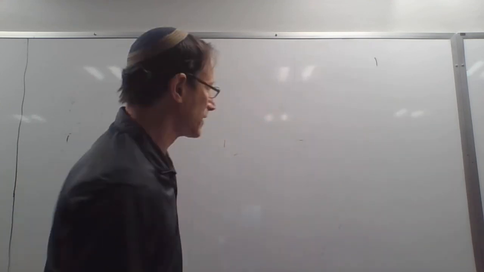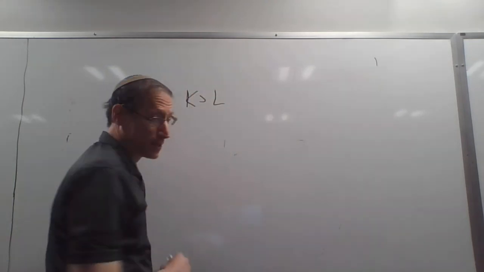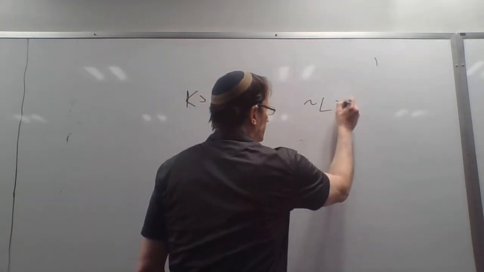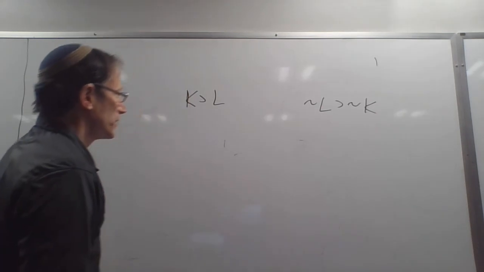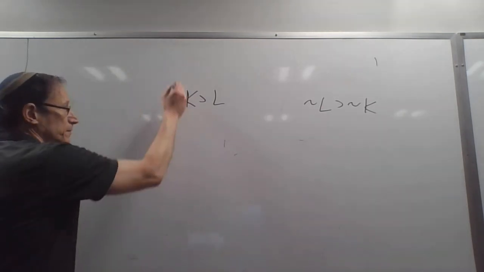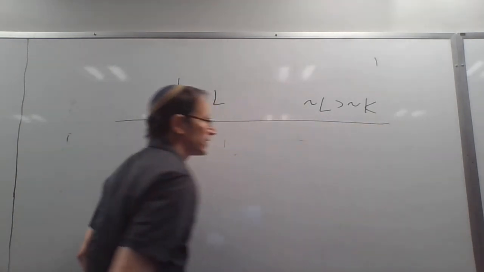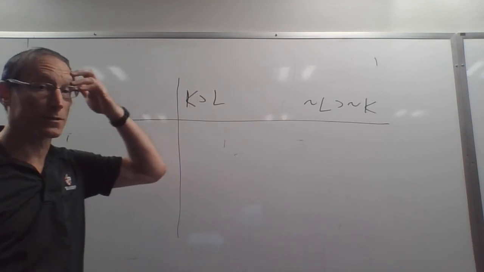Let's say you have K horseshoe L, and you're given not L horseshoe not K. Two different statements, but you can write them on the same truth table like this. Just keep a space in here to indicate that these are two different statements.